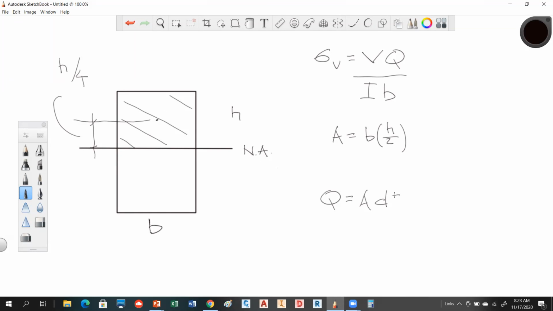So what we would have is B times h over 2 as your area, times h over 4. So this would be for the total cross section that we're looking at. Does that make sense for everybody?